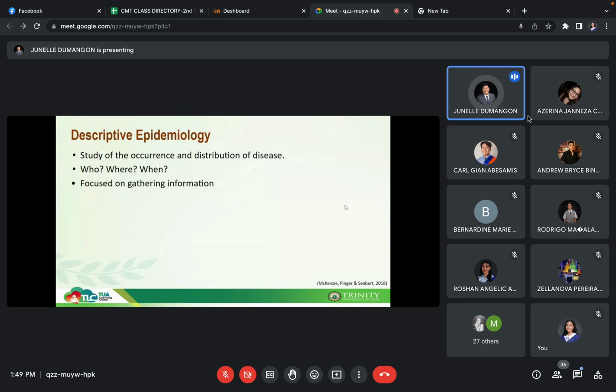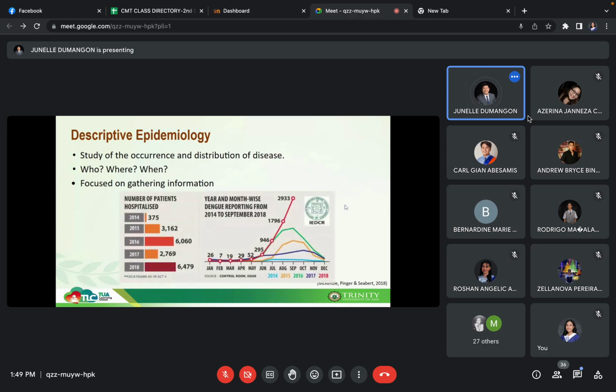So here is an example of a descriptive epidemiology. This data that you see at the bottom is an example. Let's start on the left. It says here number of patients hospitalized. So basically, it tells us how many people got hospitalized for a certain disease in 2014, 2015, 2016, 2017, and 2018.